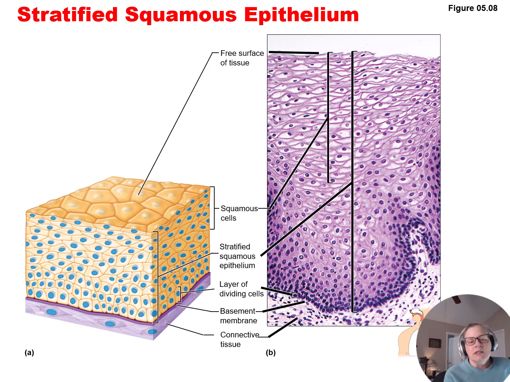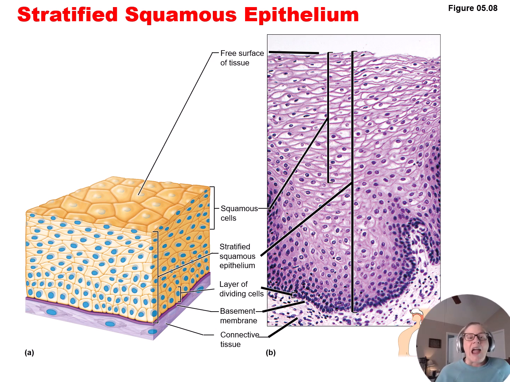Whereas the cells that are deeper and along the basal surface tend to have more of a cuboidal or a columnar shape. And down at the very bottom part of this tissue is where you find the epithelial cells that have that stem-like characteristic.